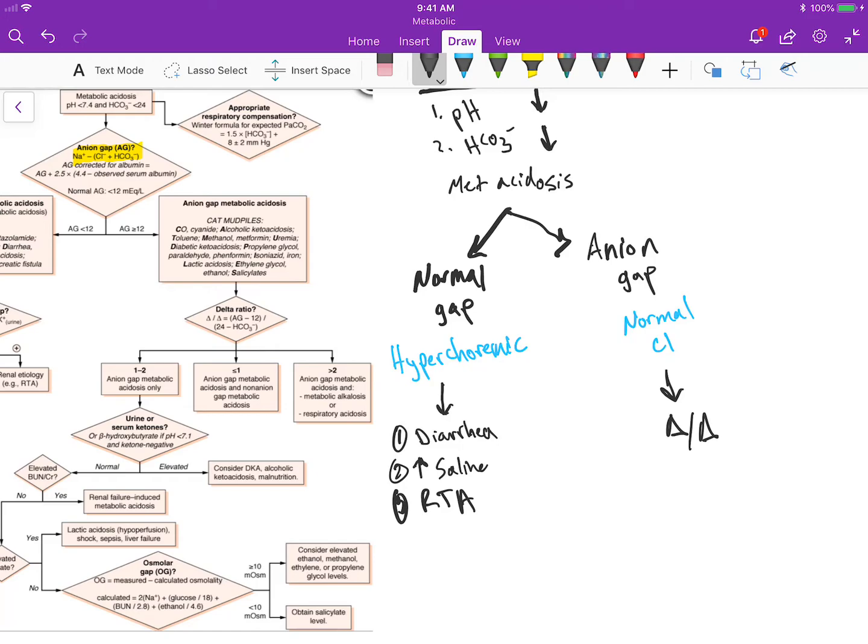The amount of increase in acid, or the amount of divergence away from the normal anion gap, should equal the change in bicarb concentration. That's really all the gap metabolic acidosis is saying, and it makes perfect sense.